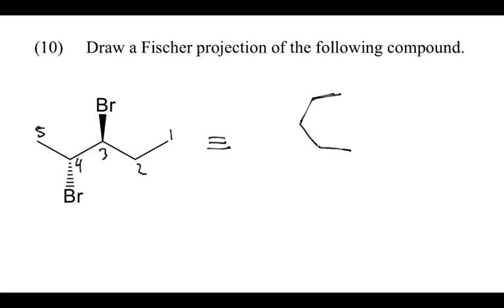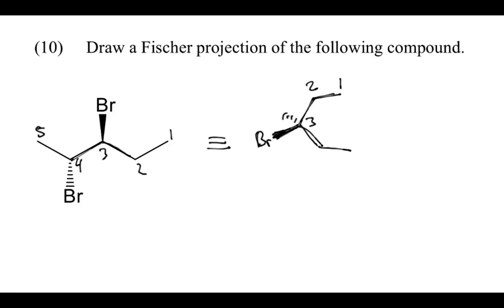Carbons 1 and 2 have literally nothing else attached except hydrogen, so it doesn't matter, okay? Then carbon 3 looks like a roof here, and here it also looks like a roof, just tilted around. That means carbon 3 you can just leave as it is, and you leave the dash and the wedges the same.